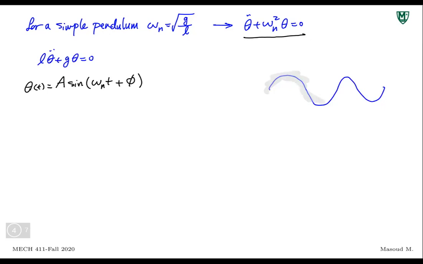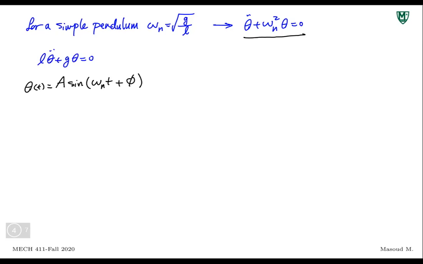Now you might say, if it's a repeating motion, why not use a cosine function? Why not just say A cosine omega n t plus phi? That actually works. Why don't I just use an exponential function? You can actually use an exponential function and just take the real part as the solution. That works too. So again, this is the differential equation we're trying to solve. We just propose a general solution. I propose this. You might propose something else.